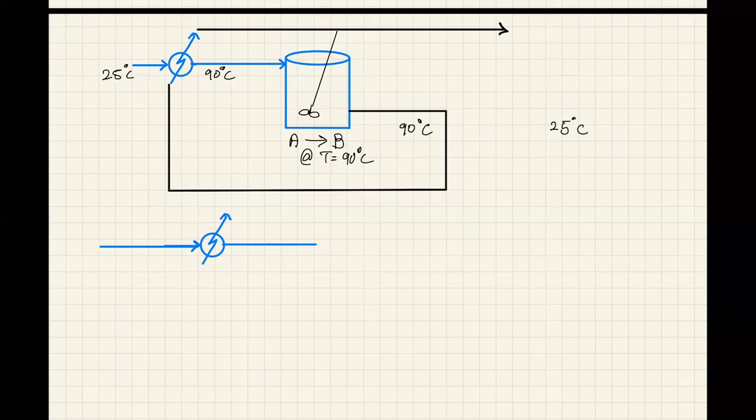And now in this exchanger, you are trying to heat the reactant stream to the maximum temperature possible.